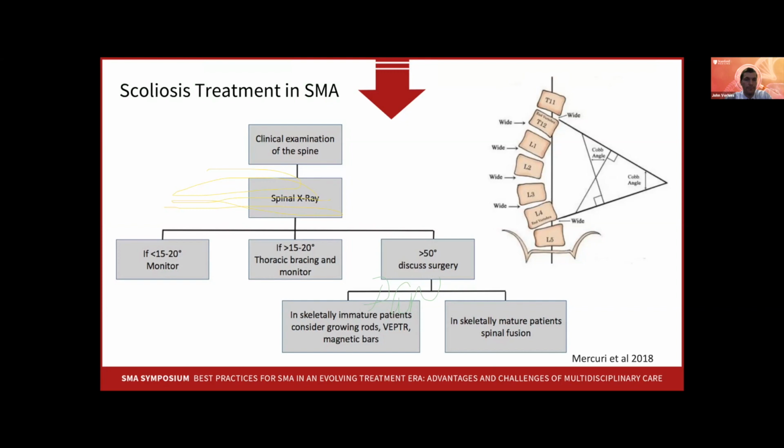So if a patient reaches this 50-degree threshold and they're very young, before their growth spurt, their chest has not grown enough and their lungs are still developing, we'll often do a type of operation that allows straightening of the spine and still allows for some growth. But in mature patients, we'll do a spinal fusion, which rigidly fixes the spine in a straighter position.